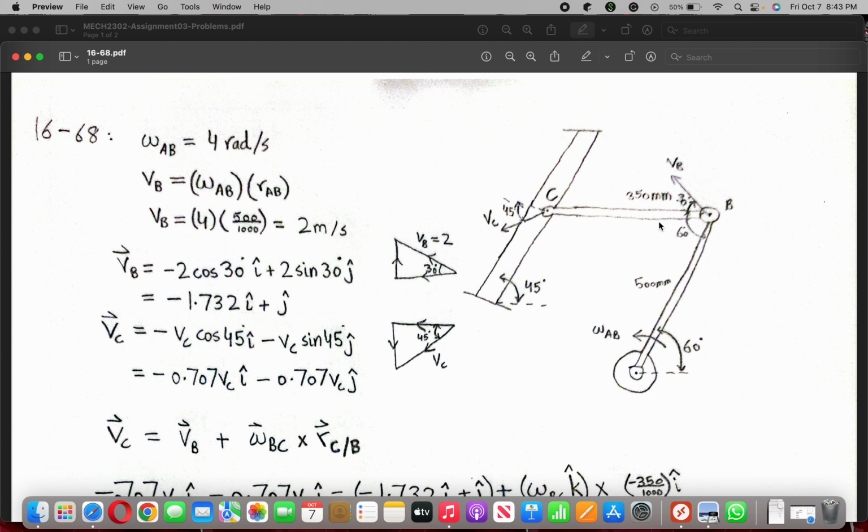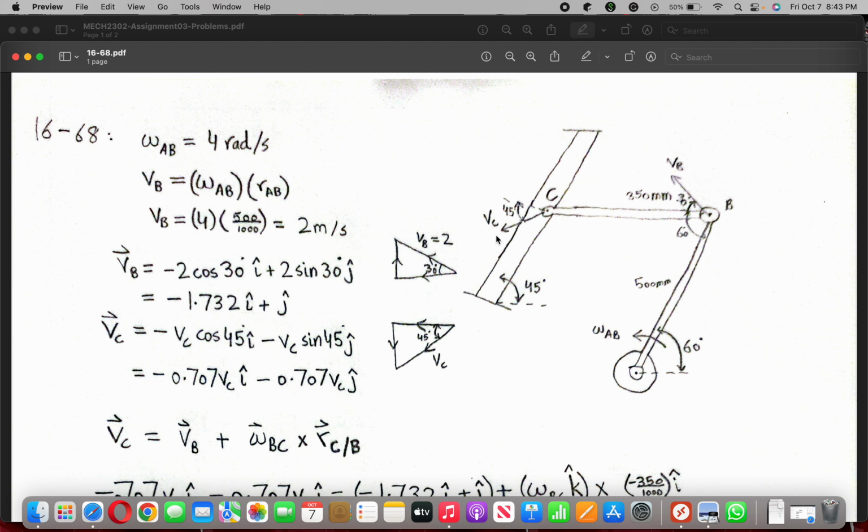To find the angle between link CB and the velocity B, we have to know the angle between the link CB and AB, which we get as 60 degrees, because the 60 degrees given over here is equal to this one due to alternate angles geometry, and we subtract 60 from 90, so we get 30 degrees over here.